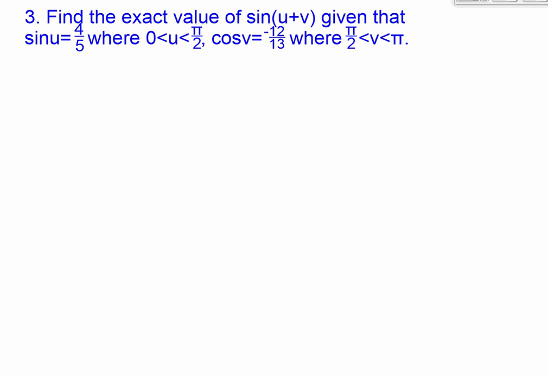So for you, I know that all students take calculus, and this is in the first quadrant. So that's nice because that means the sine and cosine are both positive. And by the way, I didn't really state this, but since sine of u plus v is sine u cosine v plus cosine u sine v, I know I have to know the sine and cosine of u and the sine and cosine of v.